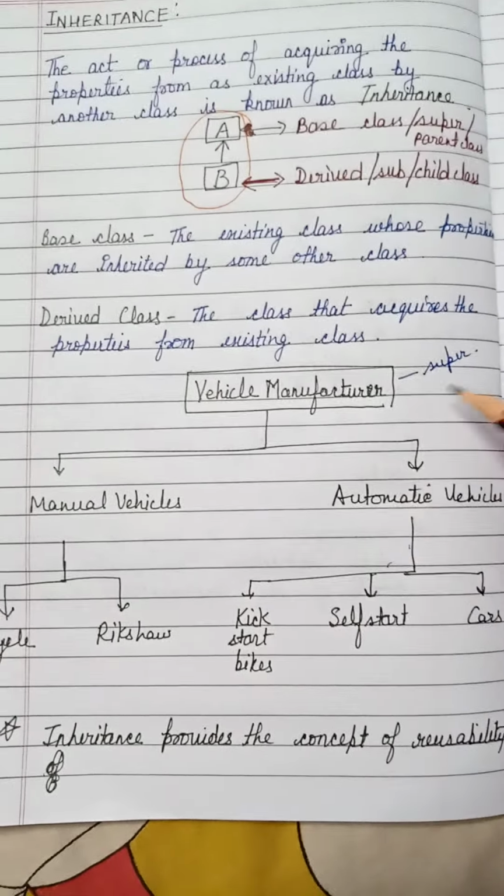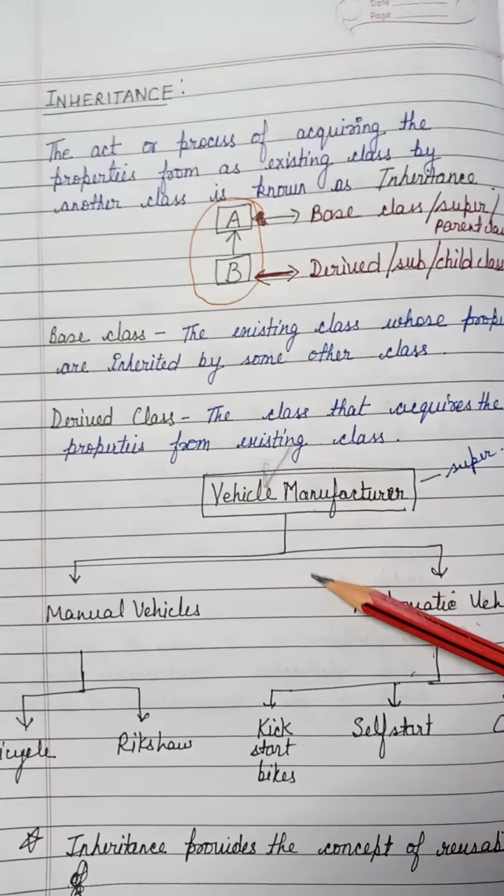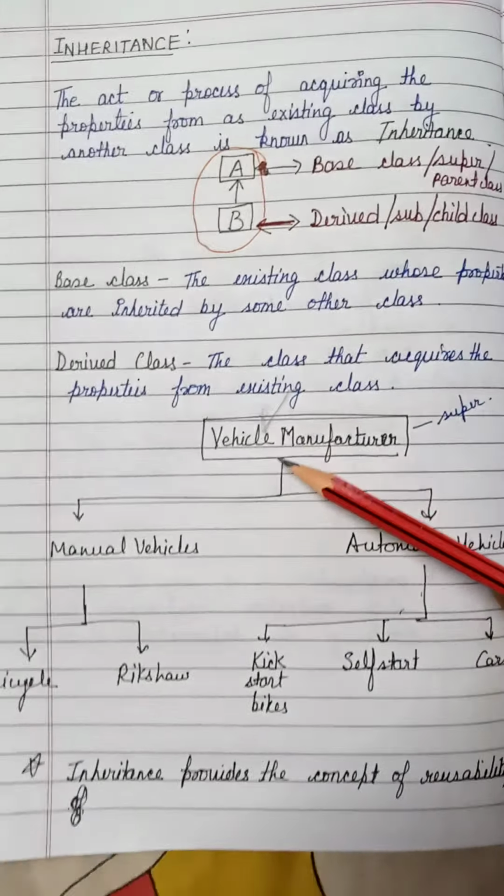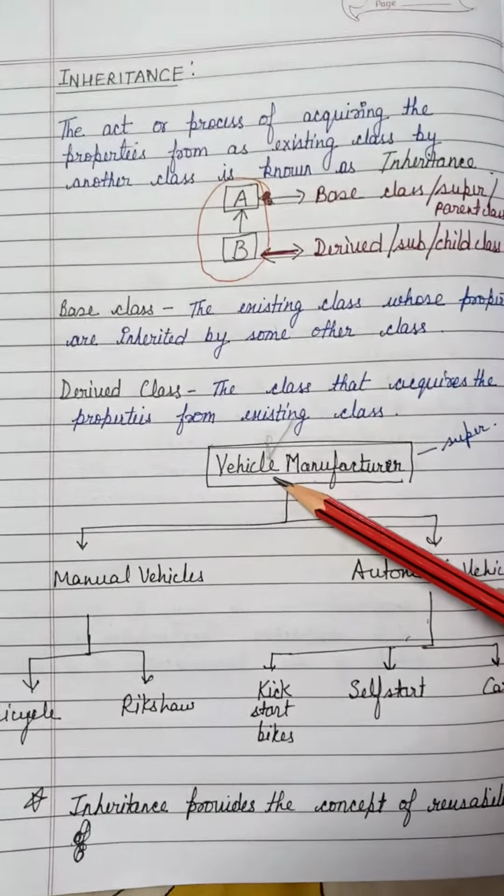These are the subclasses of the vehicle class. The superclass will be vehicle. These two subclasses, manual vehicles and automatic vehicles, are inheriting and sharing the properties of the vehicle superclass. This is the superclass, and these are the subclasses of this superclass.